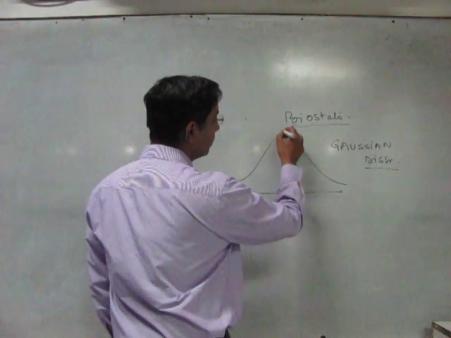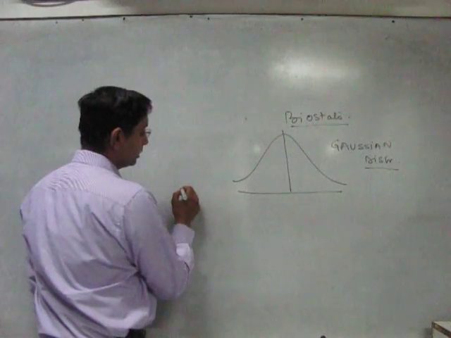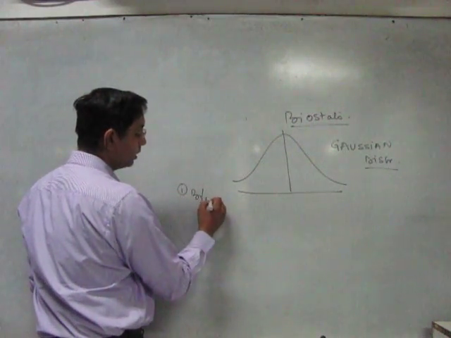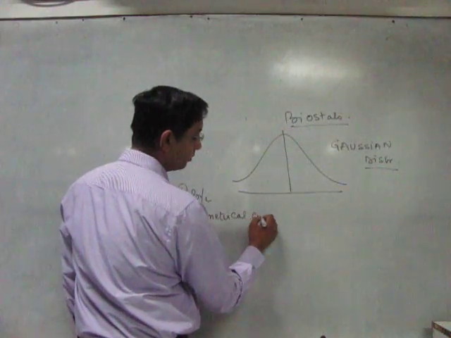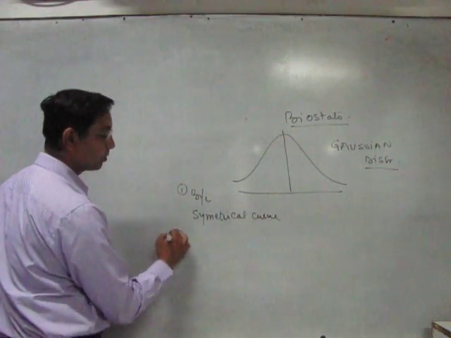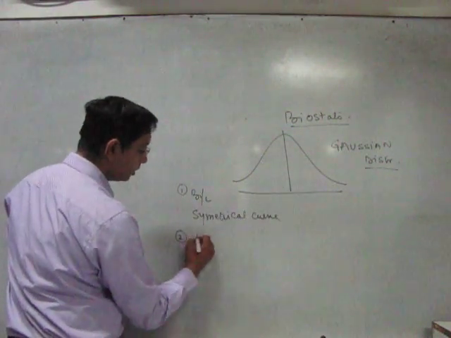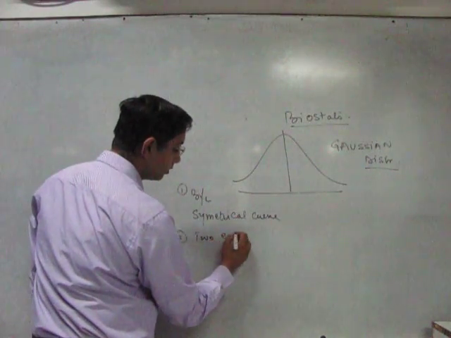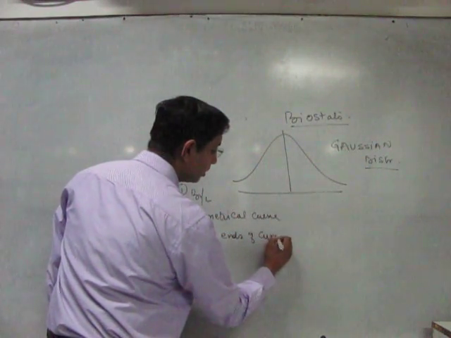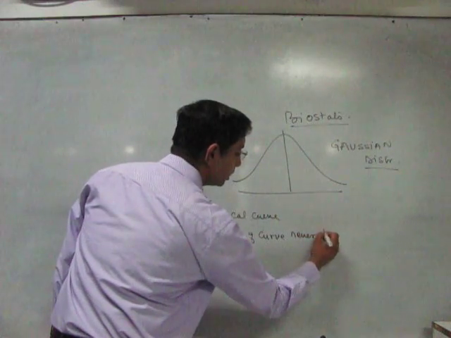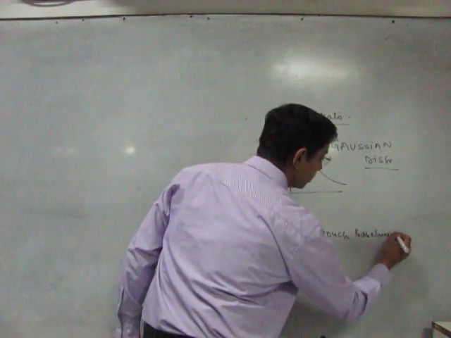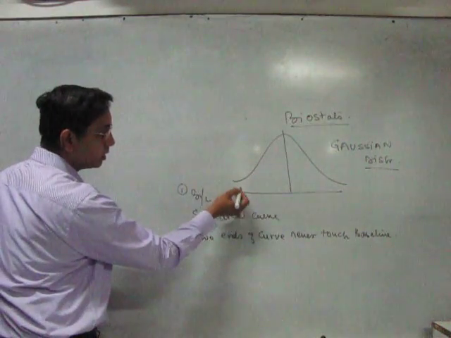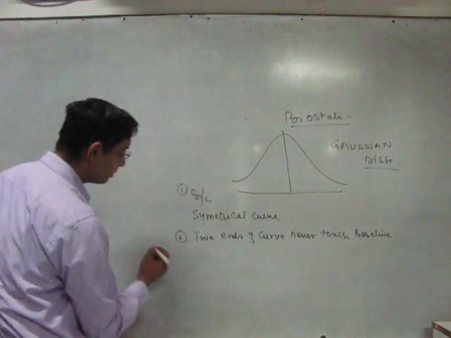First, that it is a bilaterally symmetrical curve. Second, the two ends of the curve never touch baseline. You can see that this curve never touches the baseline.